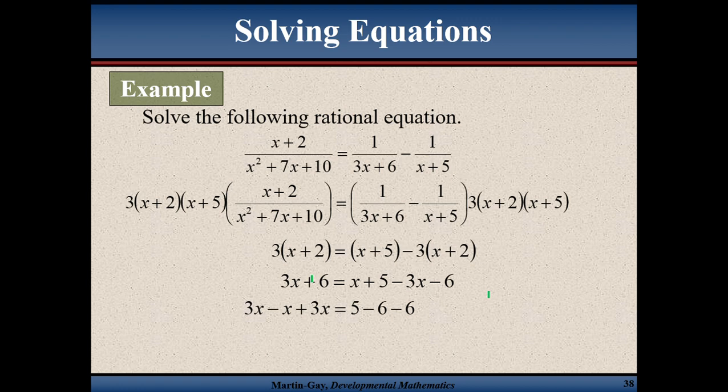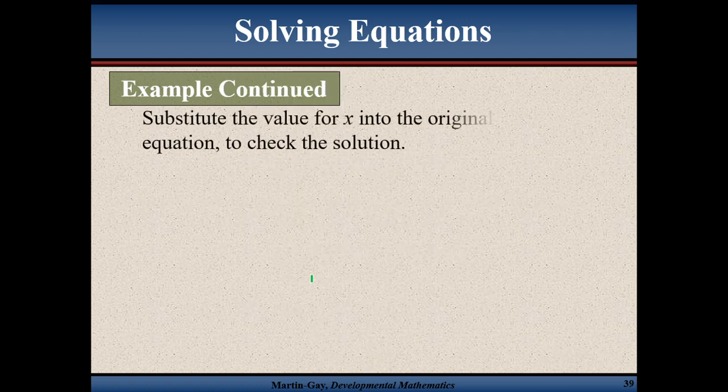So, we have 5x minus 7. So, we have negative 7 over 5. Naku po, fraction na naman. Masakit yung ulo nyo pagka fraction, di ba? Okay, so check natin.